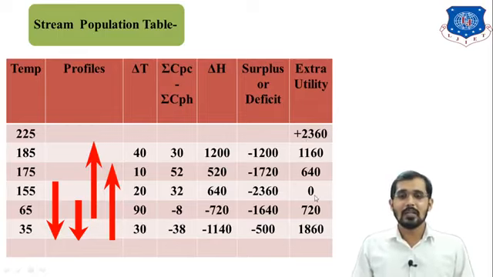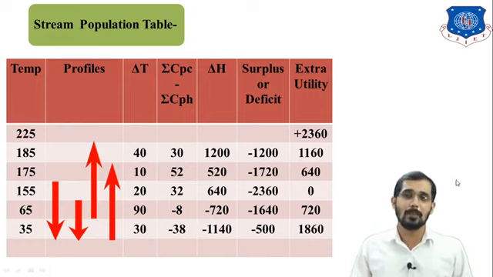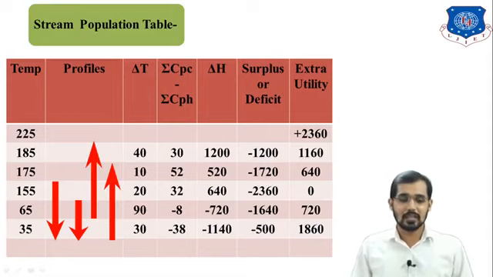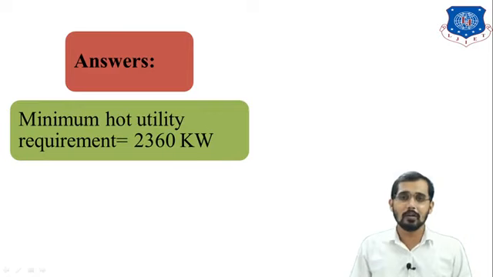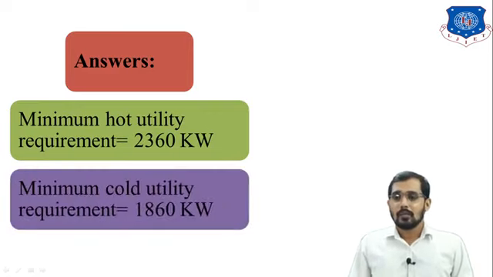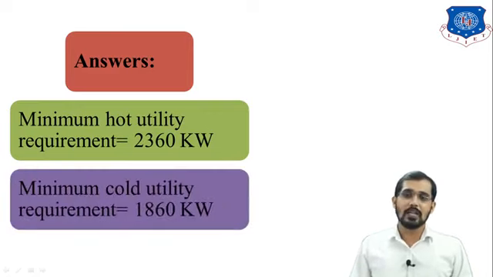You can see here, this 0 value is nothing but your pinch value, and this is your pinch heat, and the corresponding temperature is nothing but the pinch temperature, that is 155 degrees Celsius. This heat, that is plus 2360, is your minimum hot utility, and this is your cold utility, that is 1860, and the pinch temperature is 155 degrees Celsius, because the corresponding heat is 0 kilowatt.